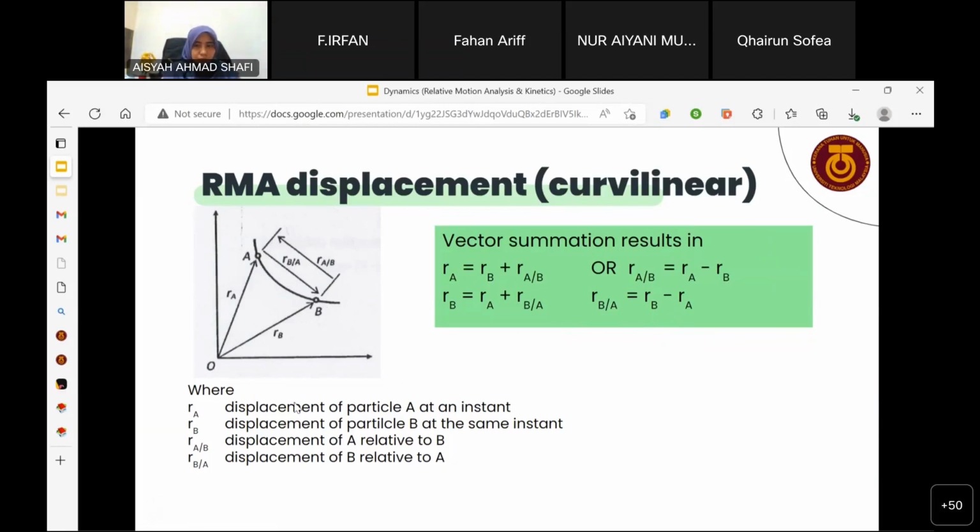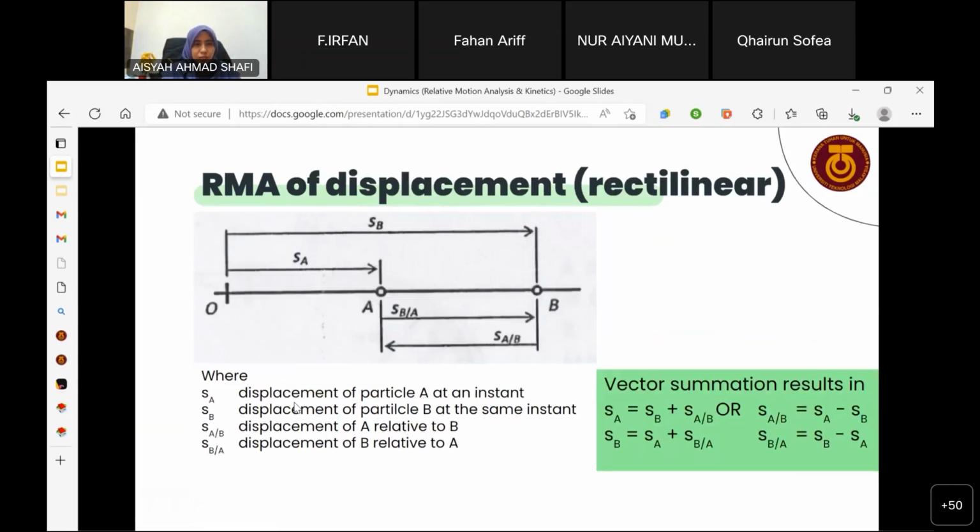But here you need to consider the direction. For S_A relative to B, it is from A to B, the arrow of the relative displacement. If it is B relative to A, start the arrow at B first.